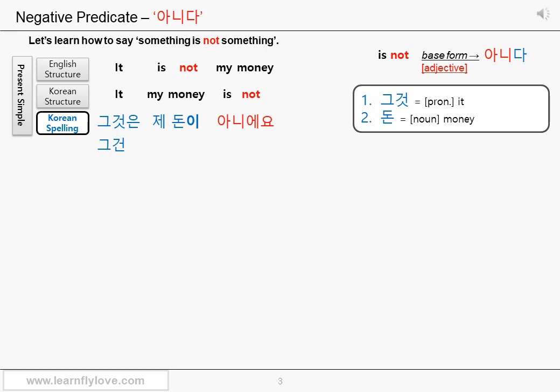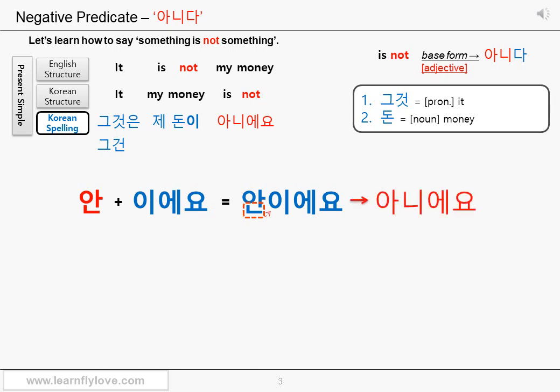But as 이다 turns into 이에요 or 예요, 아니다 turns into 아니에요 in the present simple tense form. You can think it's the combination of the negative adverb 안 and the predicate 이에요. And the final ㄴ consonant goes up to the initial of the next block as if the sound linking rule is applied. And it became one independent predicate 아니에요.